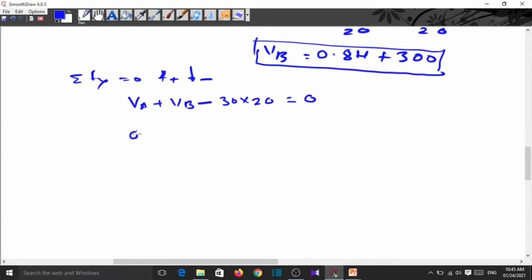So VA is equal to 0.4 H, then plus VB is equal to 0.8 H plus 300, then minus 30 into 20 is equal to 0. So here we got H is equal to 500.